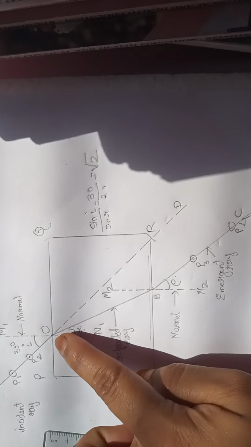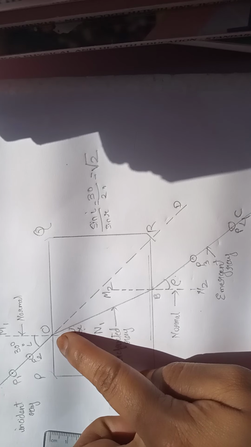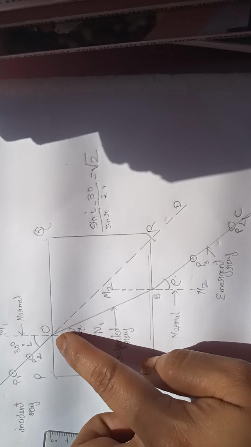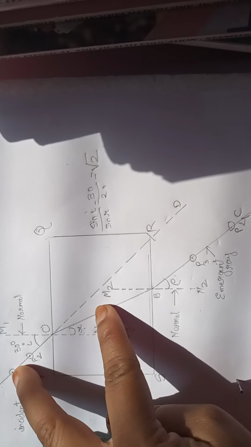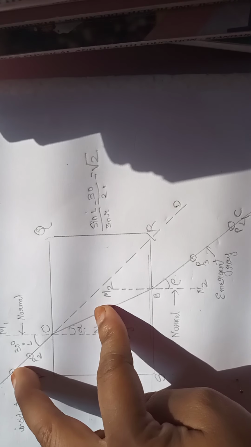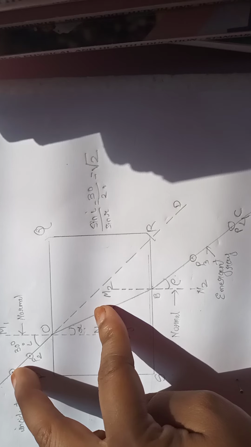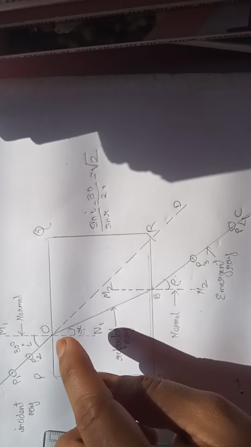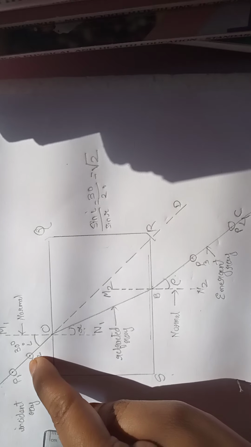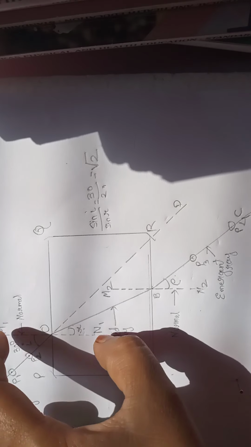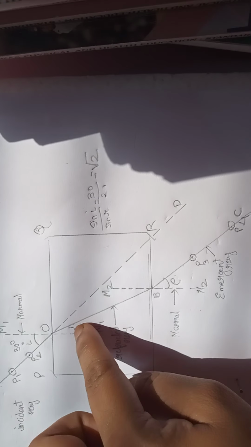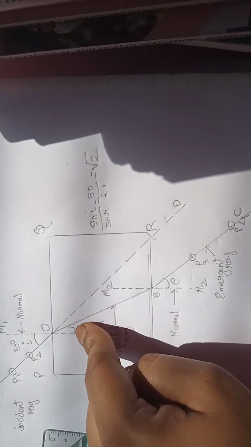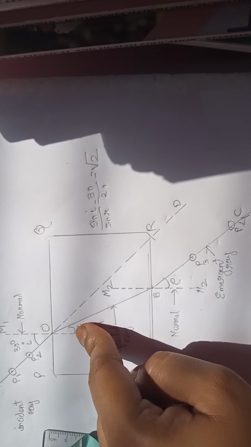Next conclusion we saw: the incident ray and the refracted ray are on the opposite side of the normal to the surface at the point of incidence, and all the three, that is the incident ray, the refracted ray and the normal, 1, 2 and 3, all these three lie in the same plane. So this is one of the laws of refraction.